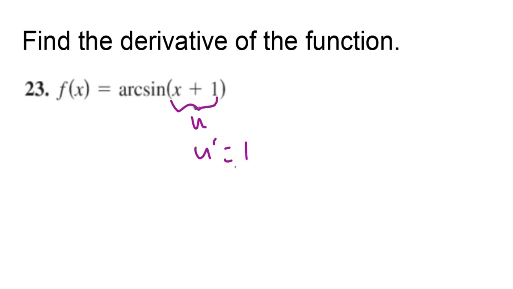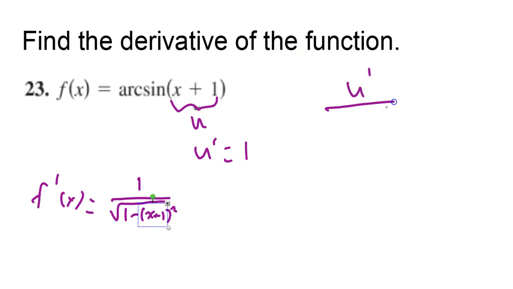And so the derivative of this function would simply be u prime, which is 1, over the square root of 1 minus u squared. Well, u is x plus 1, so wouldn't that just be x plus 1 squared according to my formula? My formula again being u prime over the square root of 1 minus u squared. And I've just taken the derivative of that function, right?